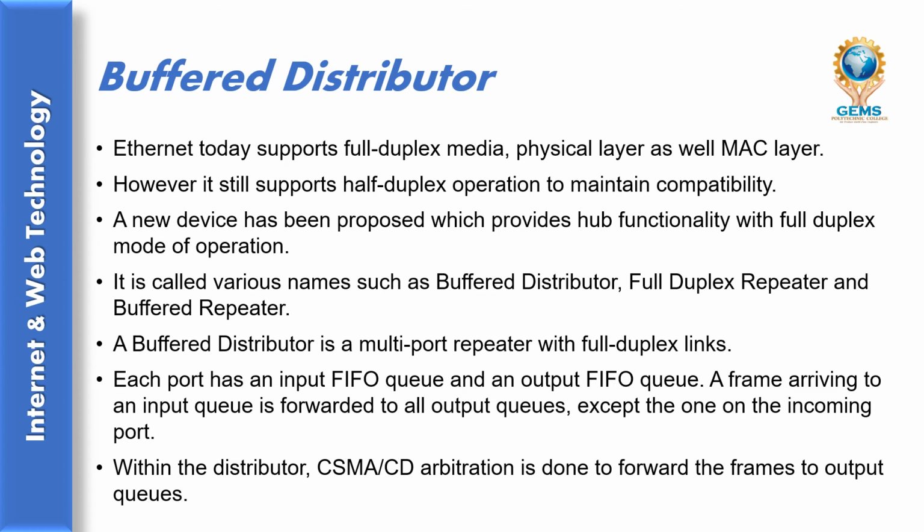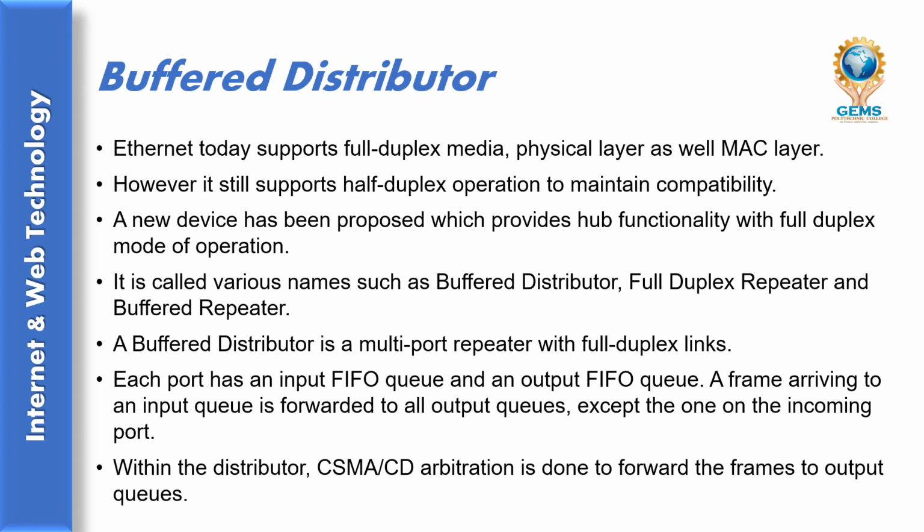It is called by various names such as buffer distributor, full duplex repeater, and buffer repeater. A buffer distributor is a multi-port repeater with full duplex links. Each port has an input FIFO queue and an output FIFO queue. A frame added to an input queue is forwarded to all output queues except the one of the incoming port.